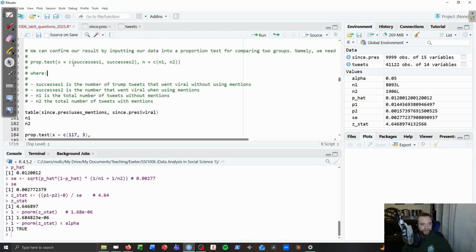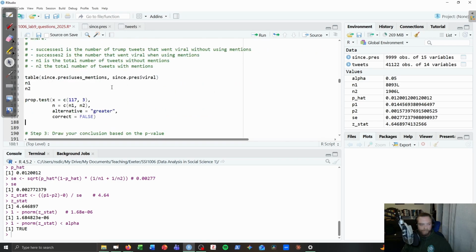We have some successes, in this case our viral tweets. And then we have an overall number. If we subtract our successes from our n, that's our failures, so non-viral tweets and viral tweets. And this is the format. So our x is our successes 1 and successes 2, and our n is the group that we draw the first set of successes from, and the group that we draw the second set from.